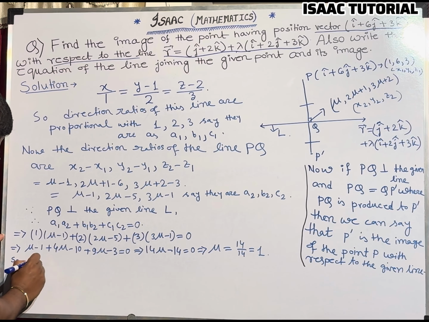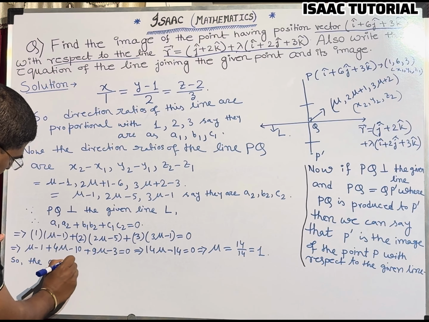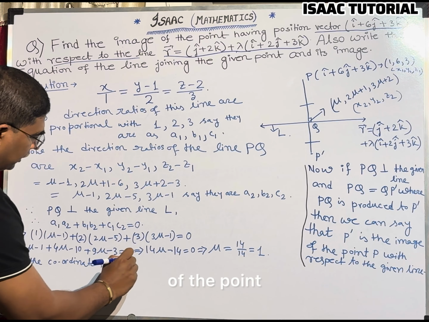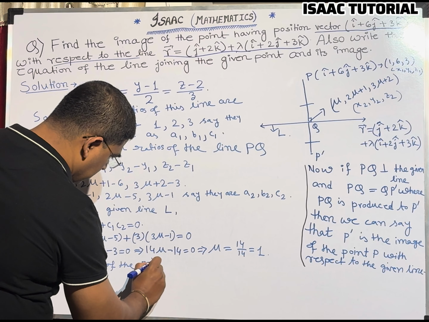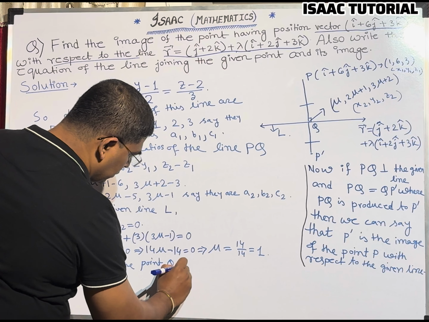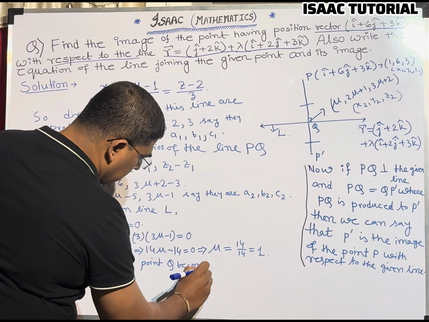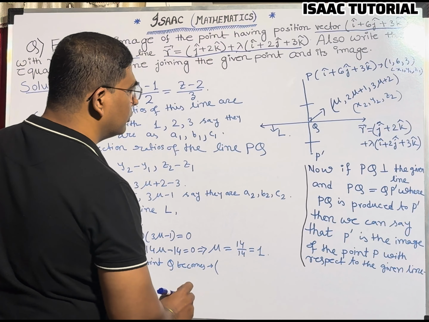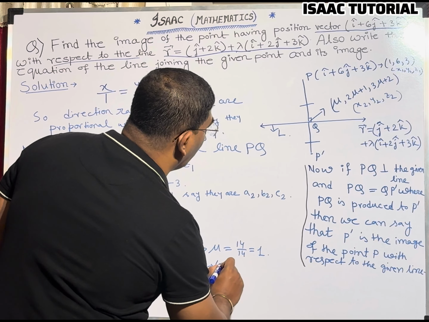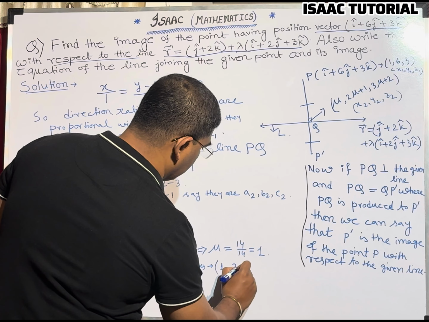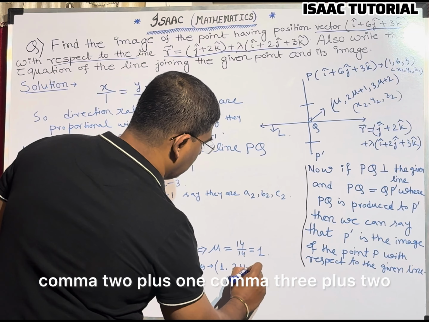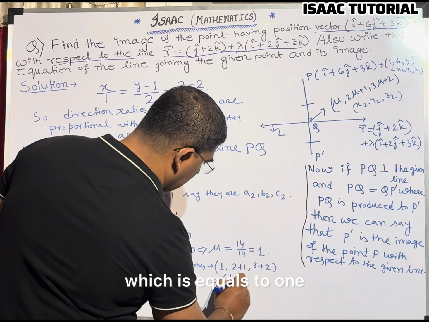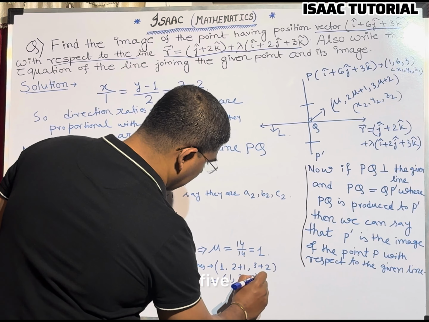So, the coordinates of the point Q become 1, 2 plus 1, 3 plus 2, which is equal to 1, 3, 5.